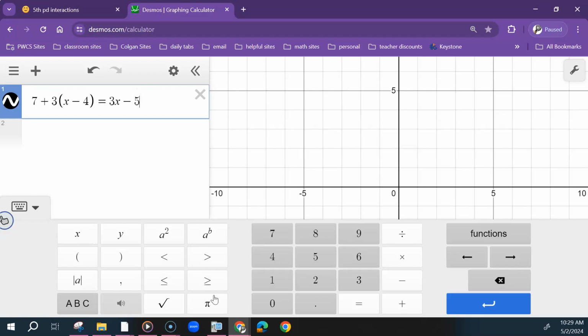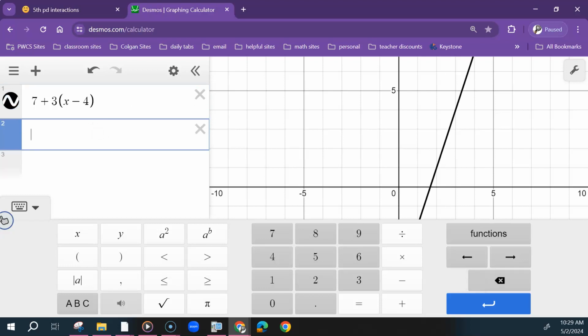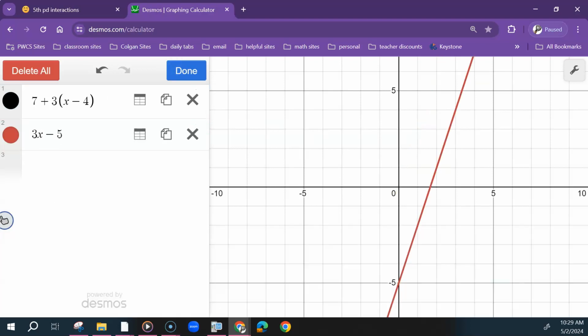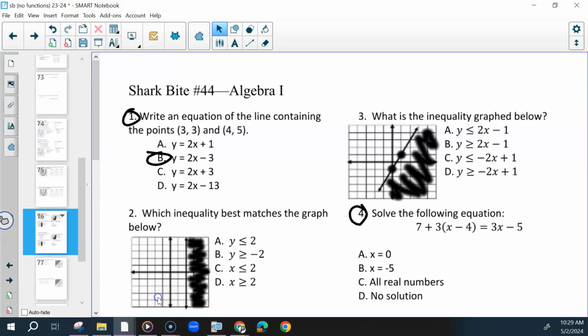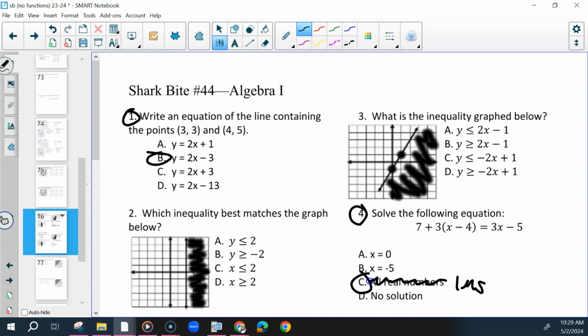We're going to take away half of this and put it in another line. And they overlap, so infinitely many. So if it's 0 equals 0, it's infinite. And then number 5.